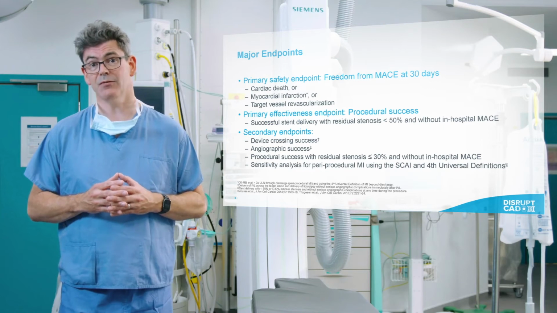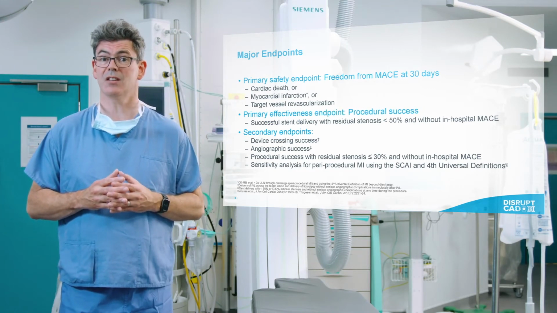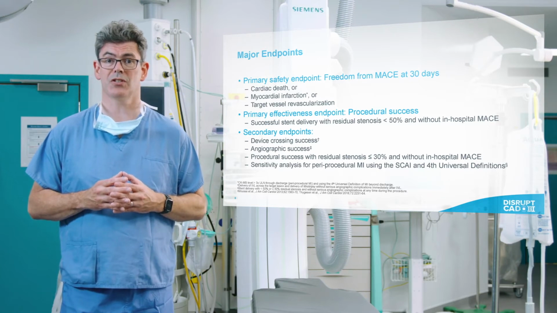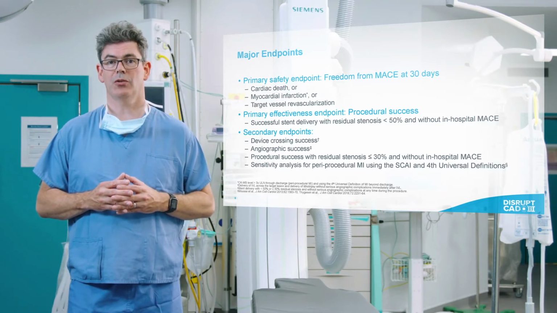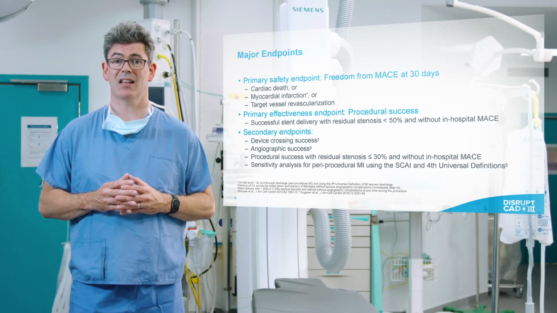The primary effectiveness endpoint was procedural success, defined as successful stent delivery with residual stenosis of less than 50% without in-hospital MACE. Key secondary endpoints are shown and include procedural success with a residual stenosis less than or equal to 30% and no in-hospital MACE to allow a sensitivity analysis with a more contemporary definition.